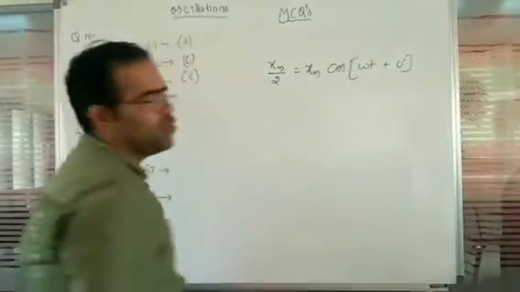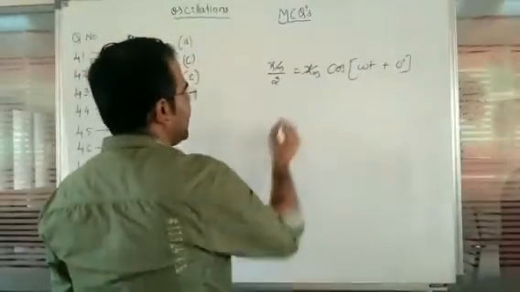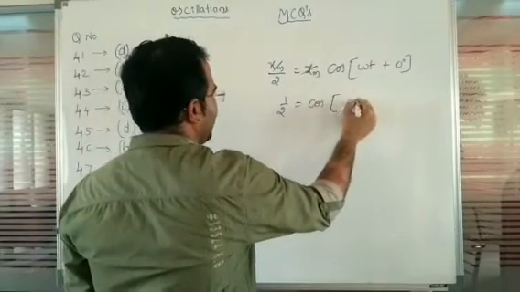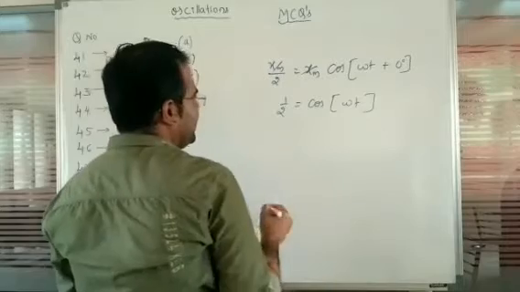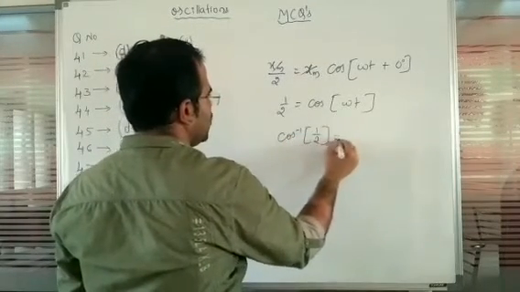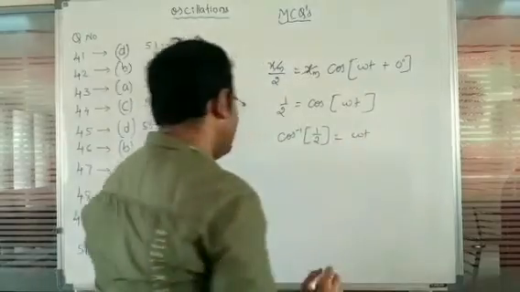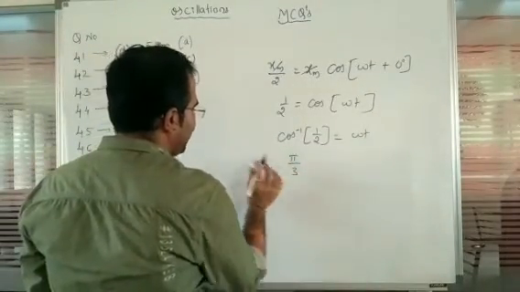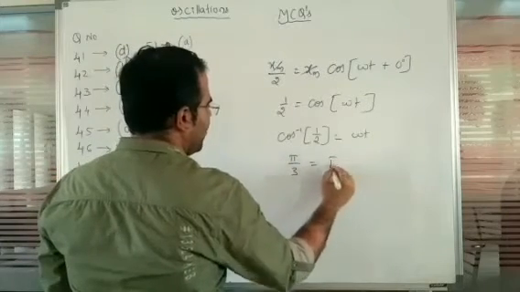Substituting, xm gets cancelled, so 1 by 2 is equal to cos of omega t. Then cos inverse of 1 by 2, which is pi by 3, is equal to omega t.